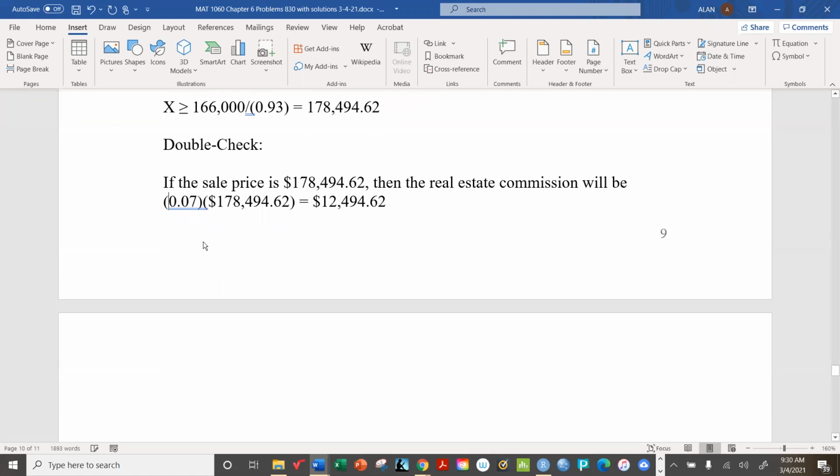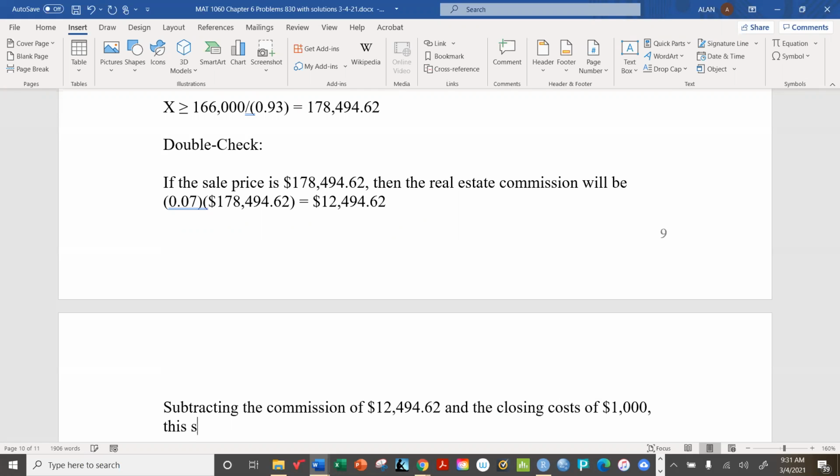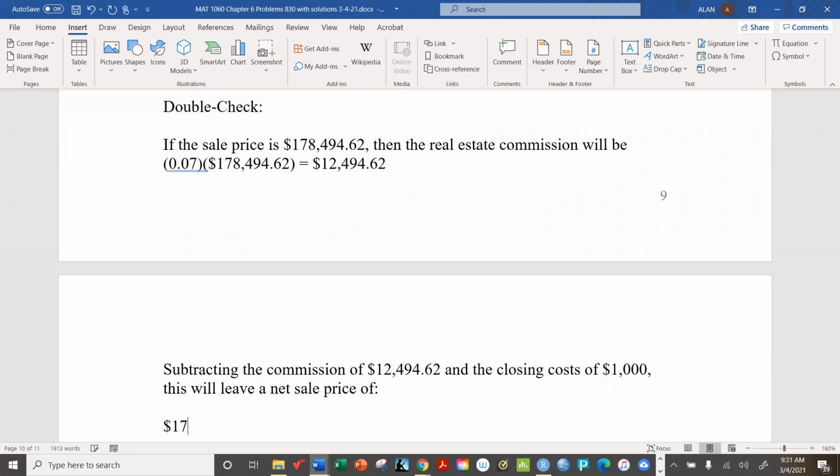So therefore, if we subtract the commission of 12,494.62 and the closing costs of 1,000, this will leave a net sale price. All right, so they sold it for 178,494.62. They have to pay off the 2 fees.